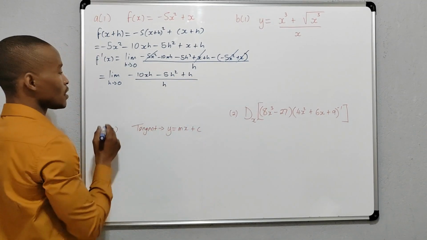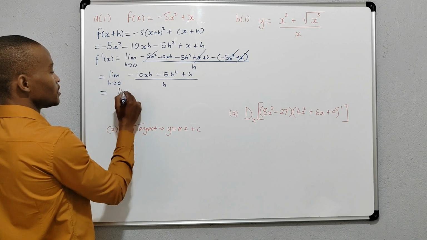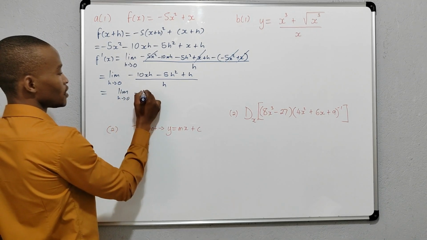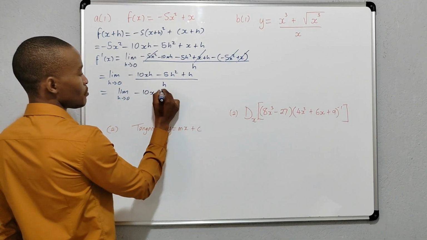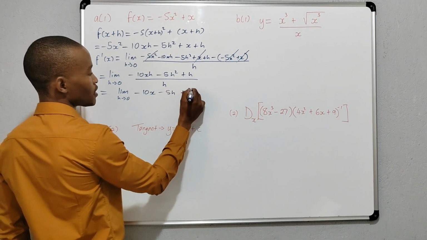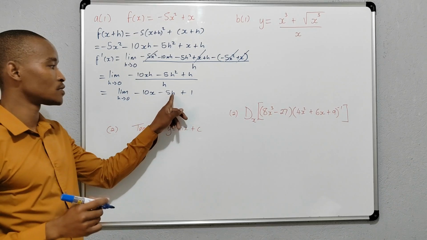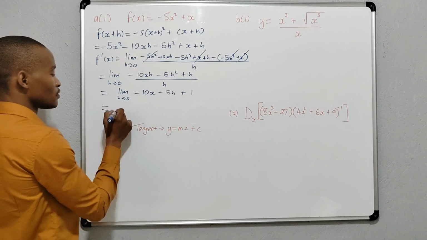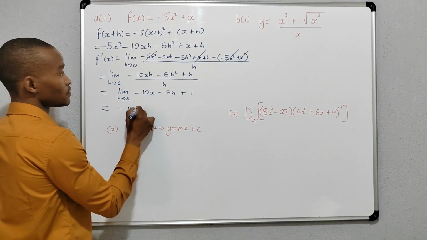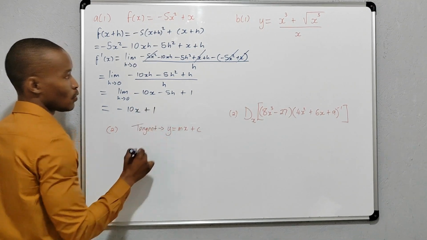Division by h throughout gives you the limit as h approaches 0 of negative 10x minus 5h plus 1. Are we ready to take the limit? Yes, we substitute 0 in there, so therefore the derivative of this function is negative 10x plus 1.